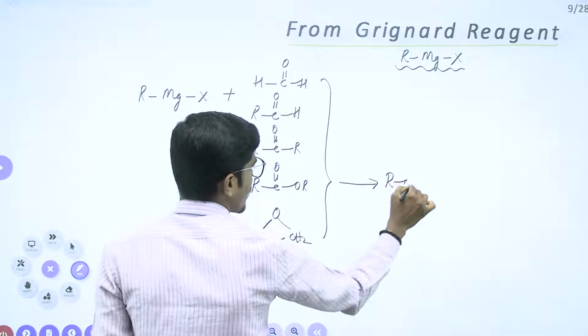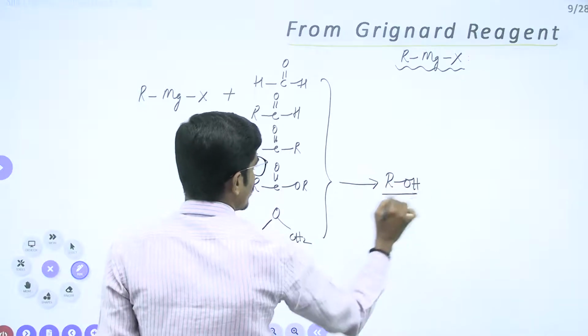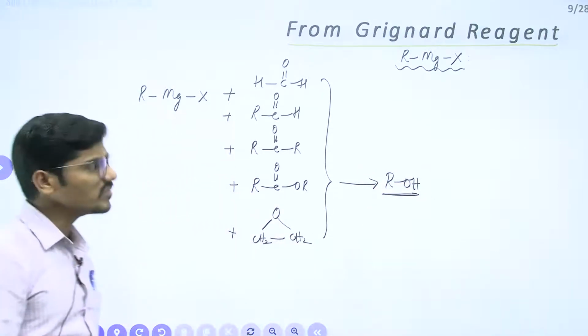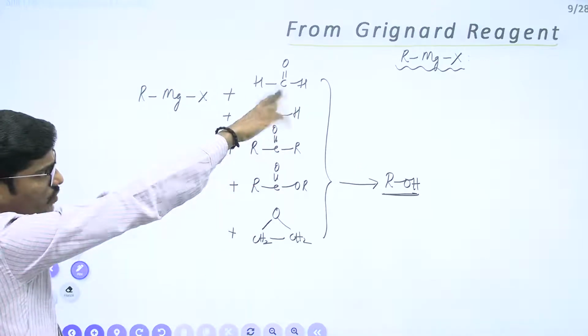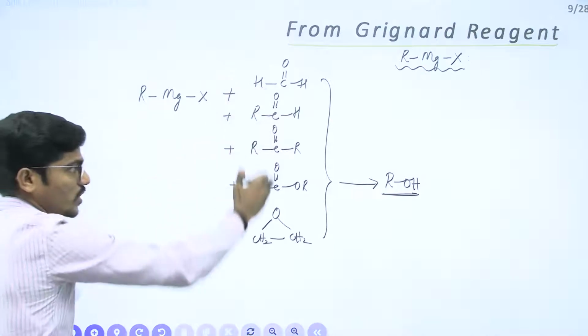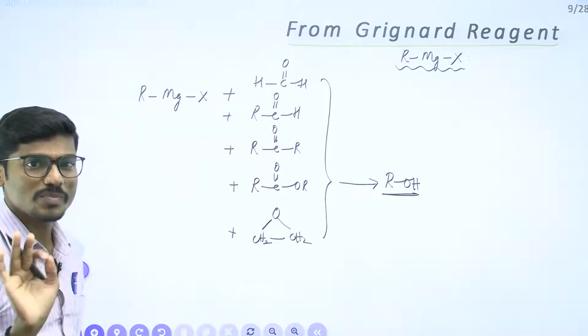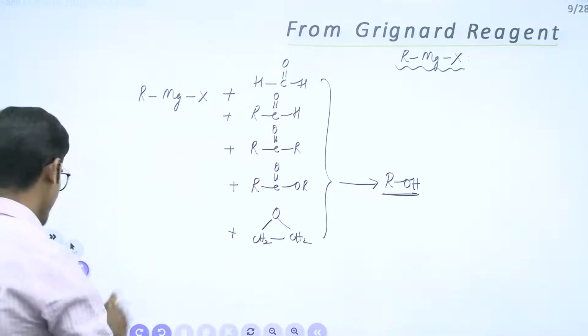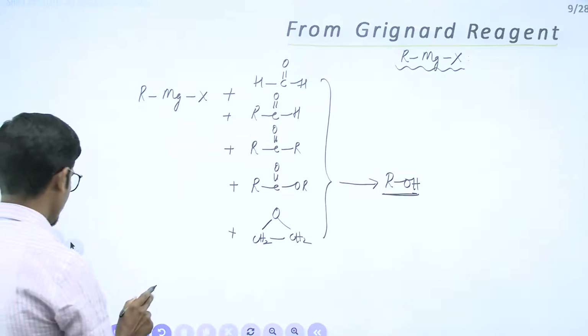Let us study one by one, how it gives rise to alcohol. Remember, whenever we use the Grignard reagent with these carbonyl groups, the mechanism part is the same. Look at this. Let's study one by one.